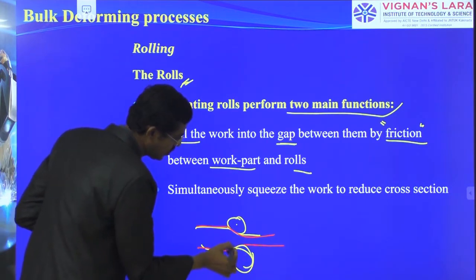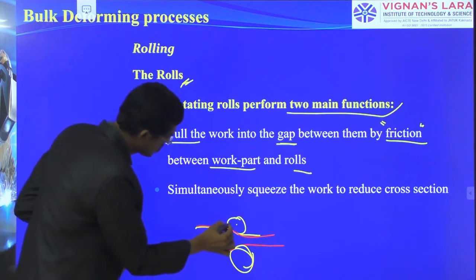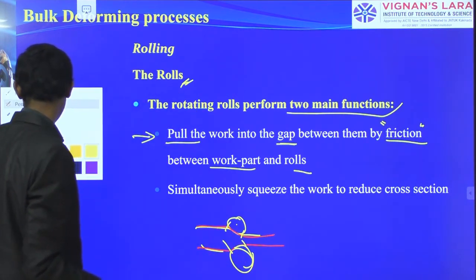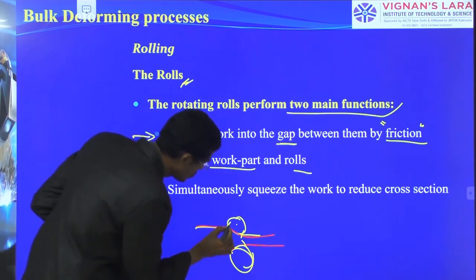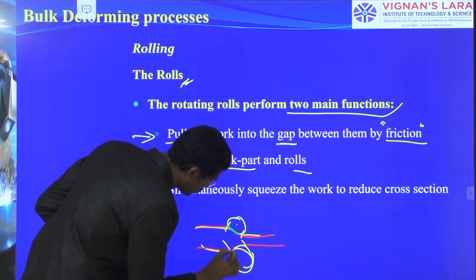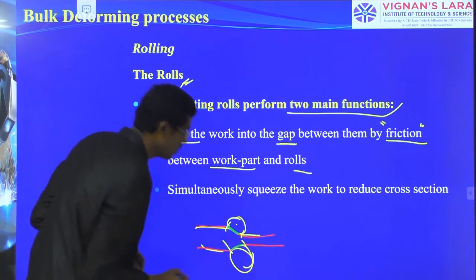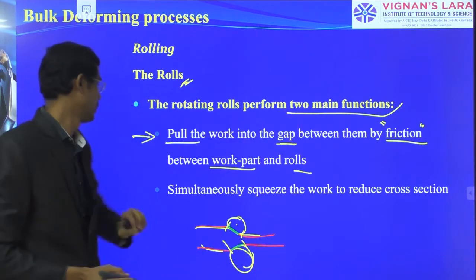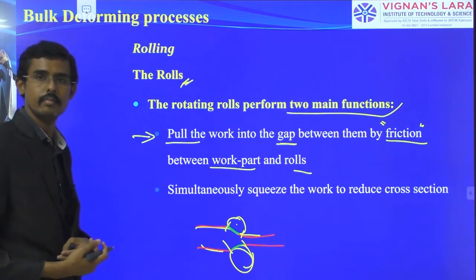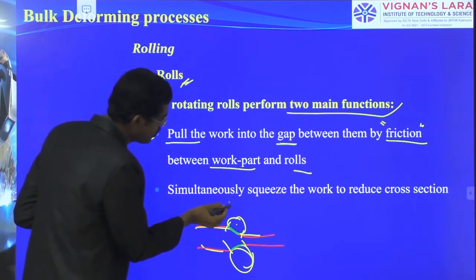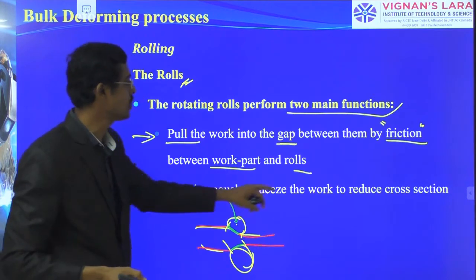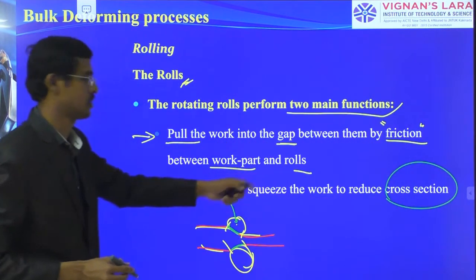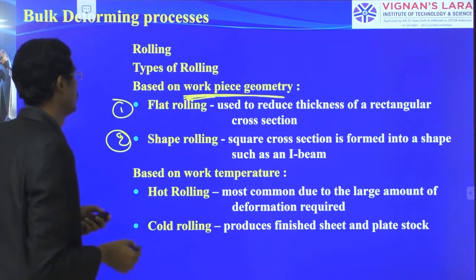This zone is the contact zone, where it is going to compress and friction is going to happen. Simultaneously we are giving force, pressure, to squeeze the work and reduce the cross section. So this is also happening.